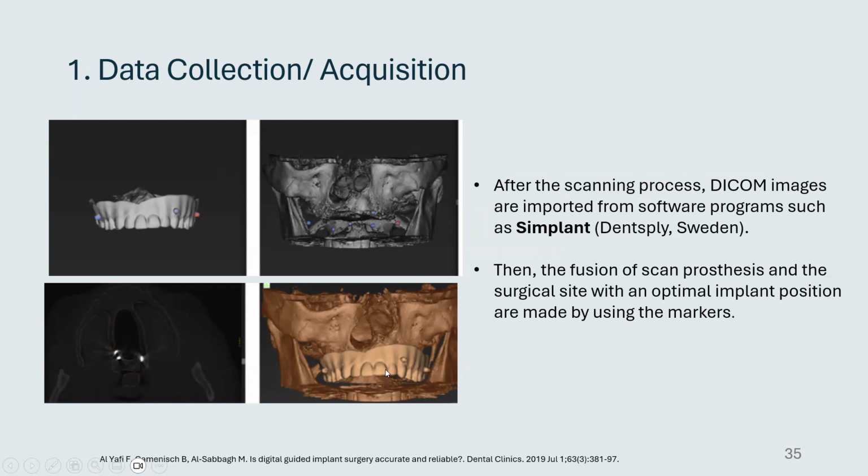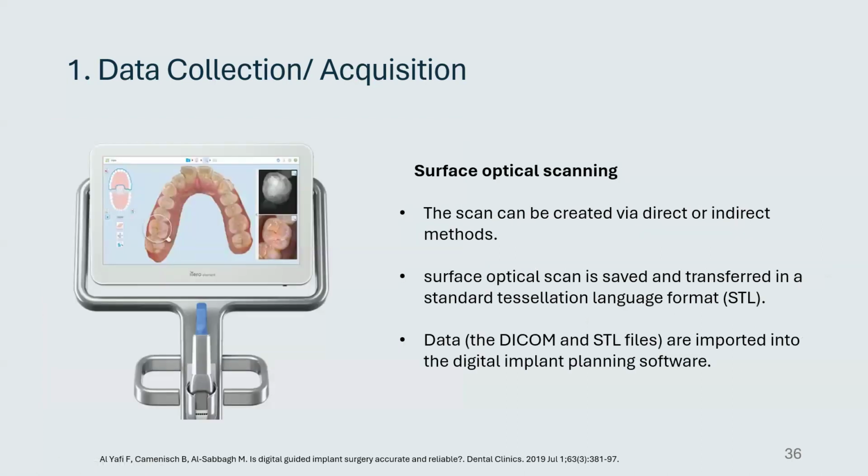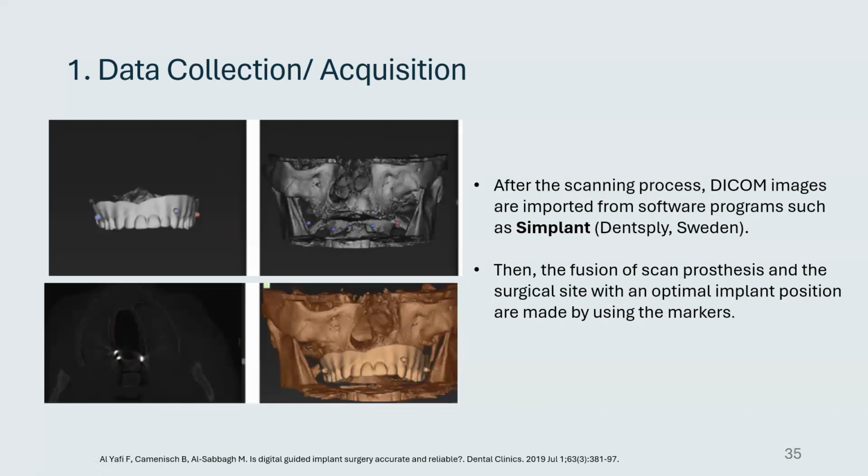And here we have the prosthesis aligned to the patient's cranial base, positioned exactly like it was positioned in the patient's mouth. Then the data can be imported into programs made for virtual implant planning. The data is ready for virtual implant planning.